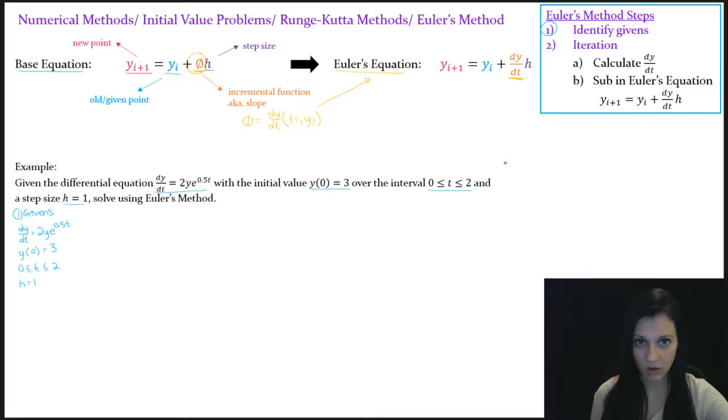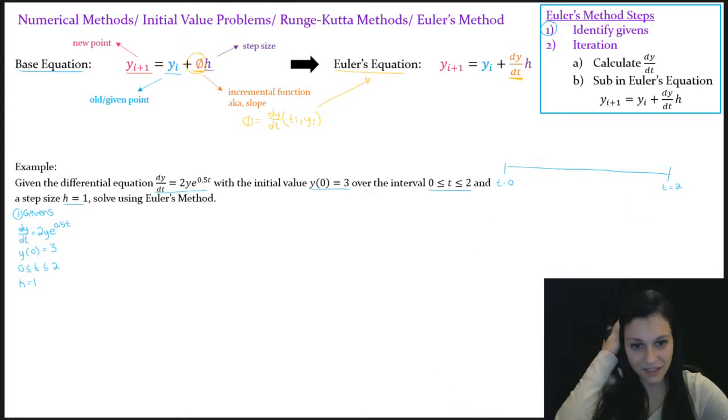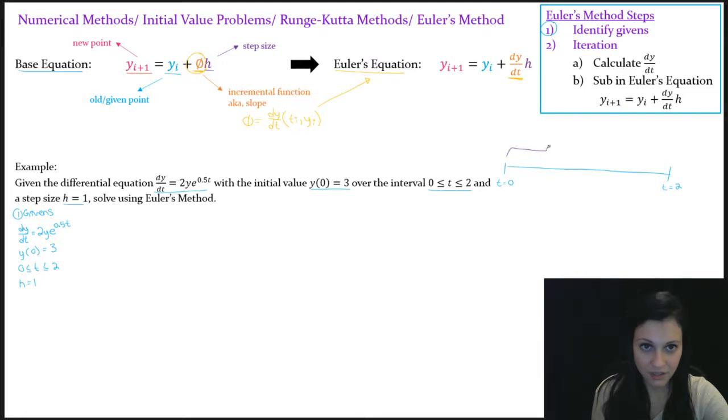So if we draw a line graph real quick, this is our lower bound, t equals 0. And then our upper bound is t equals 2. And then we have a step size of 1.